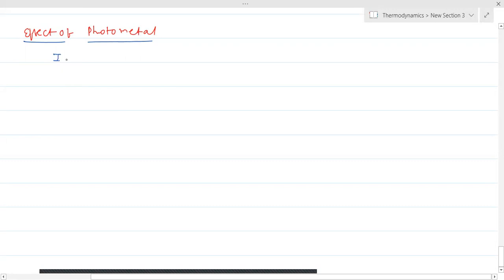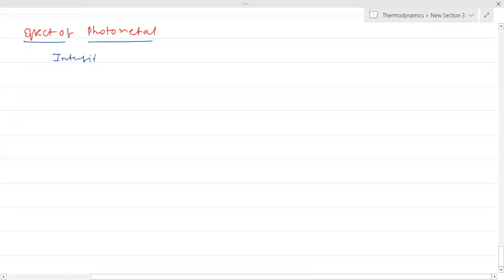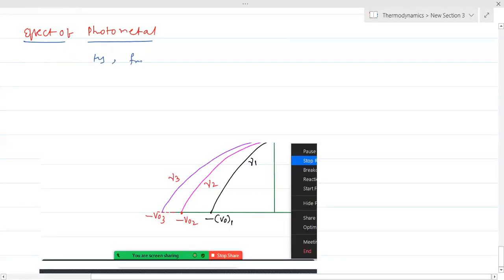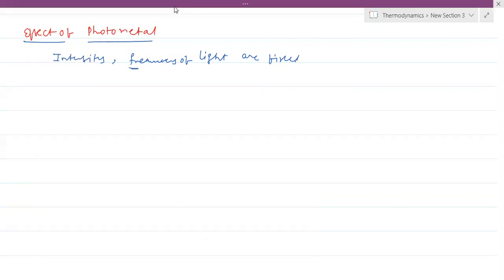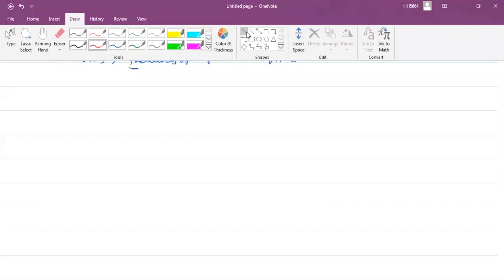Here both the intensity and the frequency of light are fixed. We will set the graph for different fixed frequencies. For example, first I am plotting the graph.